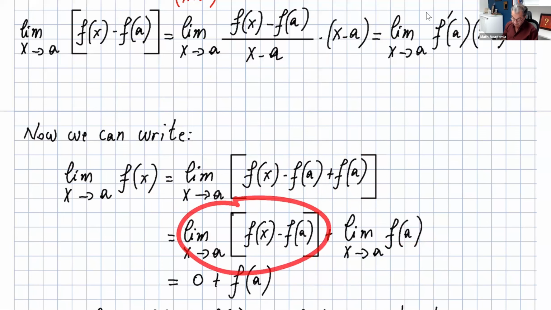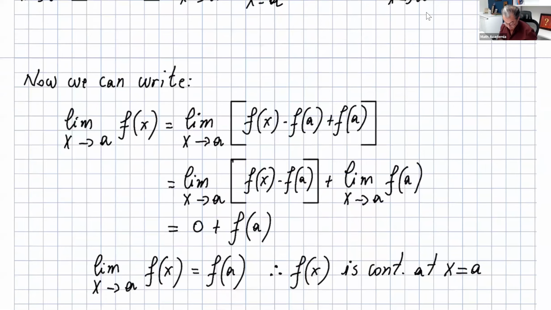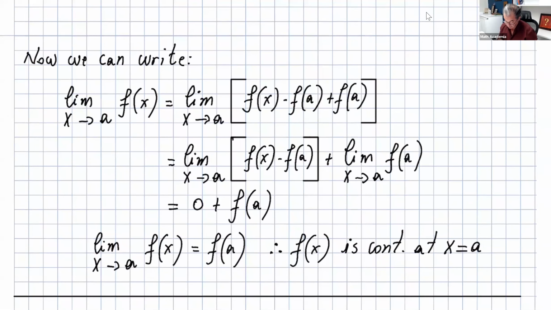But we found that that limit was 0 from here. So it's going to be 0 plus the limit as x approaches a of f of a, that's a constant. So that's just f of a. And guess what? The limit as x approaches a of f of x equals f of a. So therefore, f of x is continuous at x equals a.